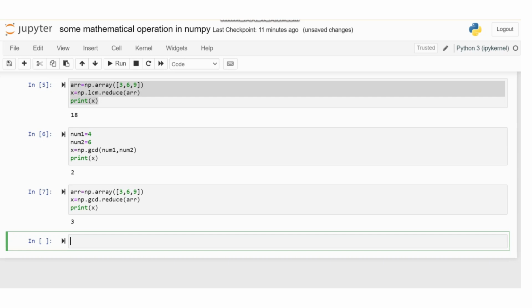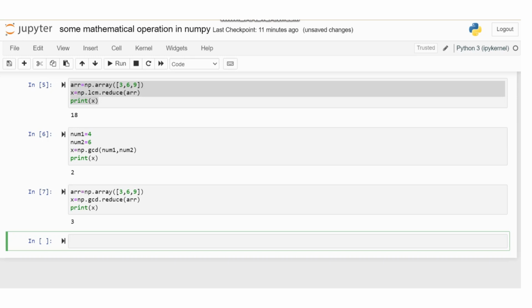Some other types of mathematical operations are trigonometric operations. How to calculate the sine value in NumPy, and also cos, tan, sec, cosec. First, find the sine value of 180 degrees. In NumPy, the sine function returns the value of sine.